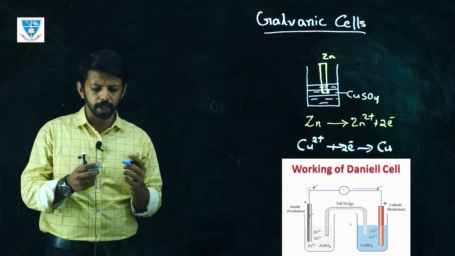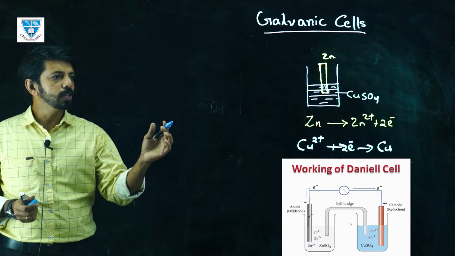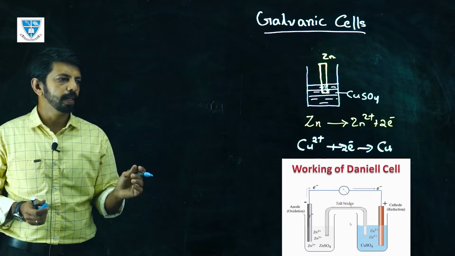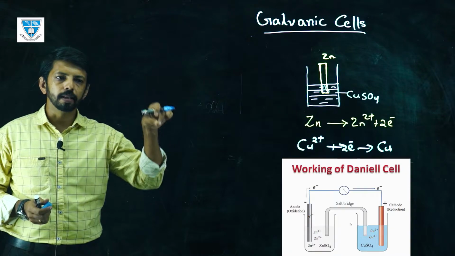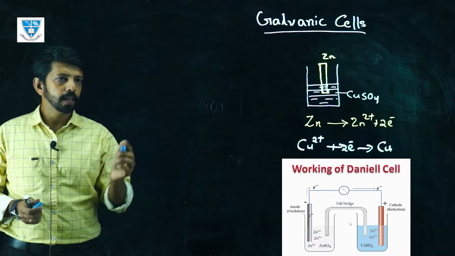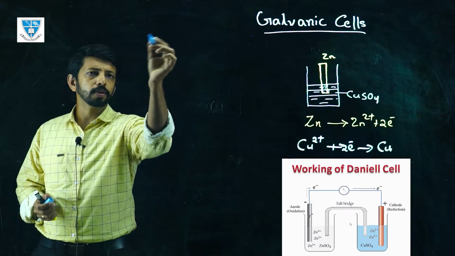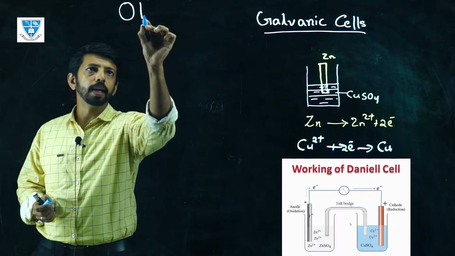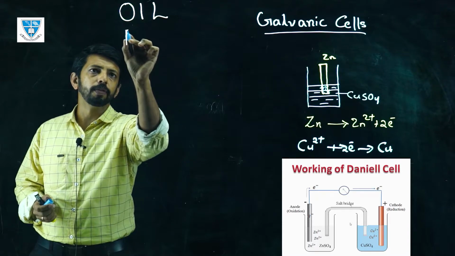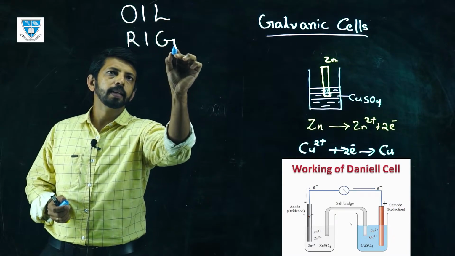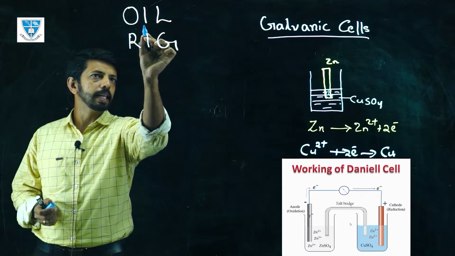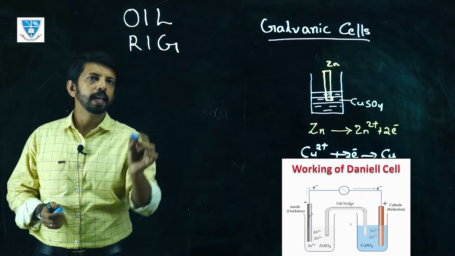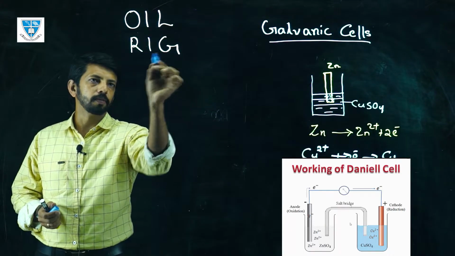So what do you mean by oxidation? Oxidation is the loss of electrons, and reduction is the gain of electrons. We can simply remember oxidation and reduction using a simple two-word phrase, that is, OIL RIG. You are familiar with OIL RIG. Oxidation is loss of electrons and reduction is gain of electrons.